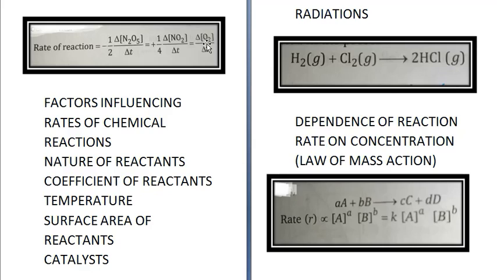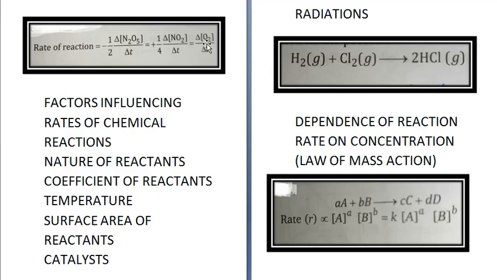Now next we come to factors influencing the rates of chemical reaction. First is the nature of reactants. Chemical reaction involves rearrangement of atoms between reacting molecules to form products. But different reactants require different energies to undergo collision to form products.